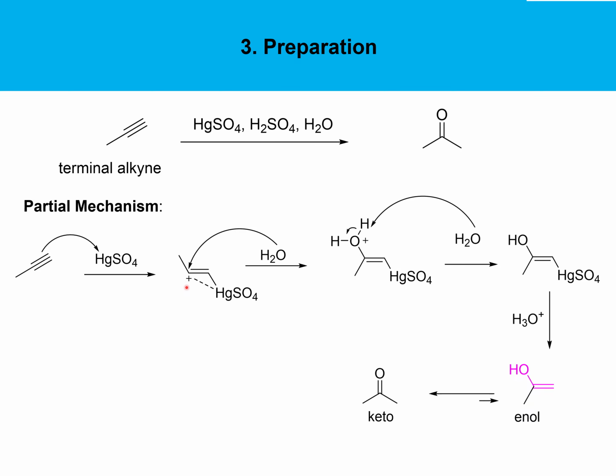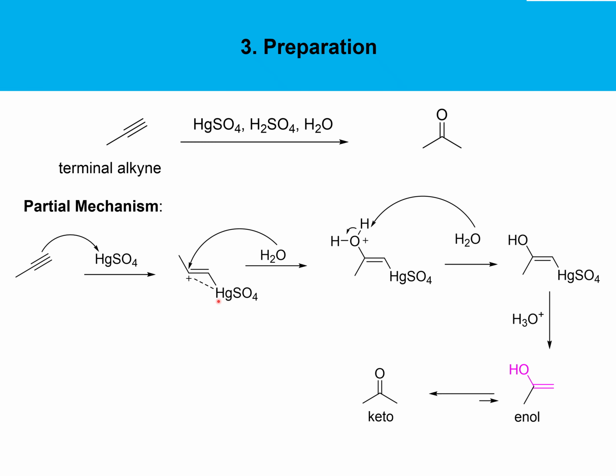And so we end up with a 3-member ring, which we call a mercurium ion. We certainly ended up with these mercurium ions when we do an oxymercuration of an alkene. But in the case of an alkyne, due to the fact that we still have a double bond, that 3-member ring doesn't really want to form.